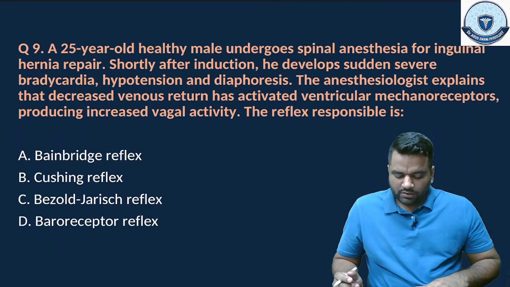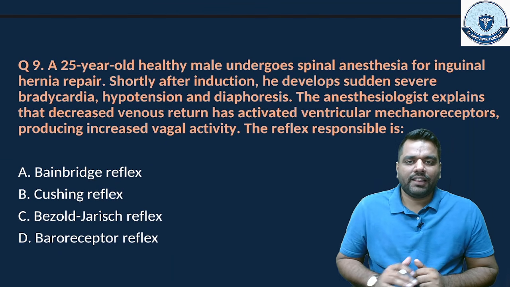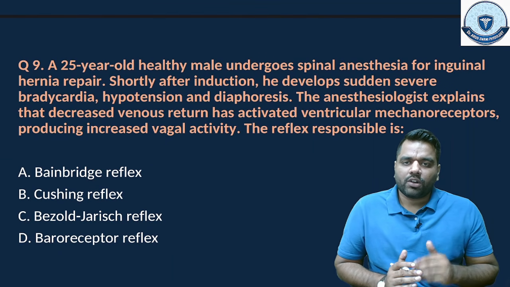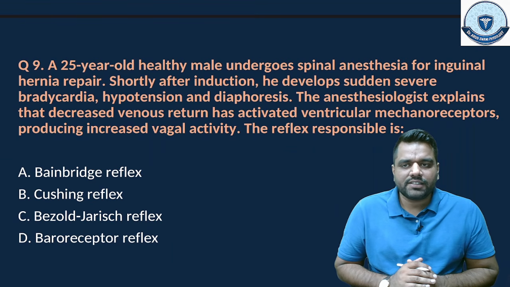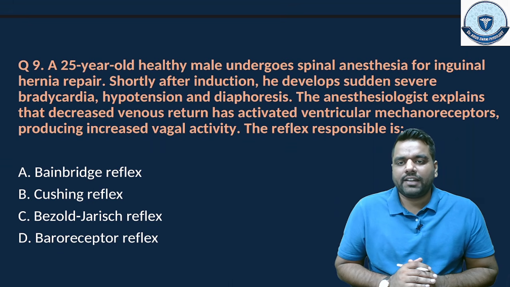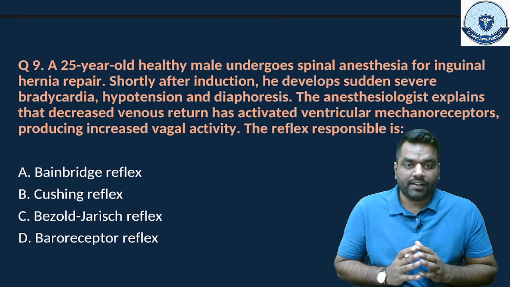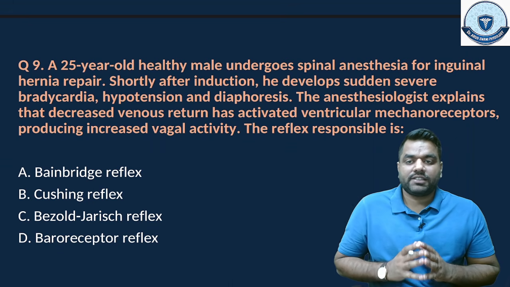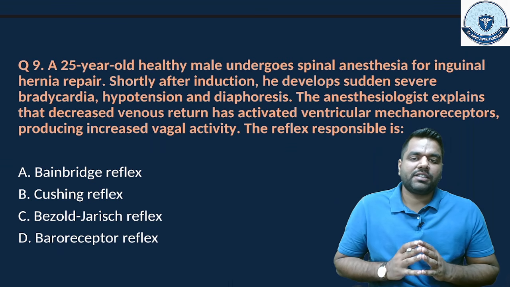Okay. Coming to the next, a 25-year-old healthy male undergoes spinal anesthesia for inguinal hernia repair. Shortly after induction, he develops sudden severe bradycardia, hypotension, and diaphoresis. The anesthesiologist explains that decreased venous return has activated ventricular mechanoreceptors, producing increased vagal activity.